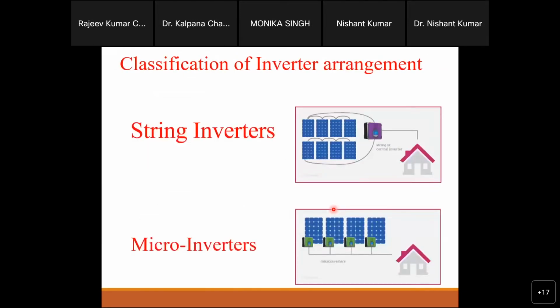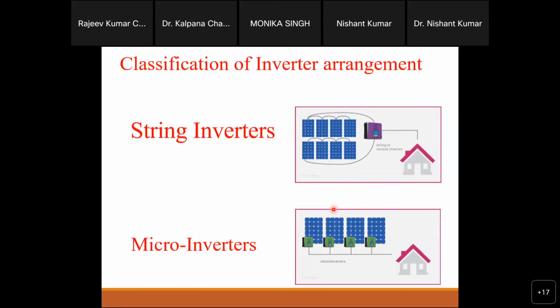Further classification based on the connections gives two types: string inverter based and micro inverter based. In string inverter based connections, all the panels are connected in series and parallel according to your choice for current and voltage, and then all the panel output terminals attach to a single inverter.